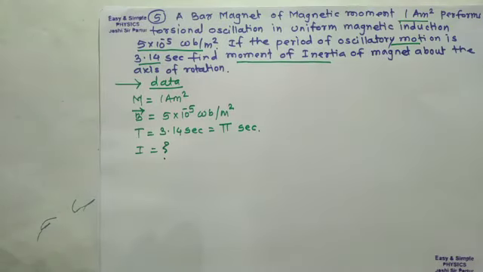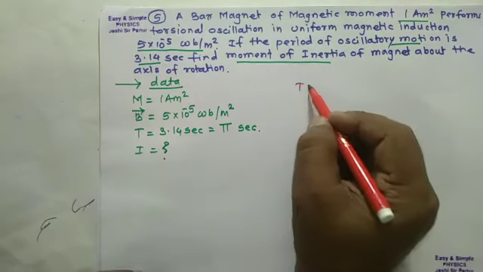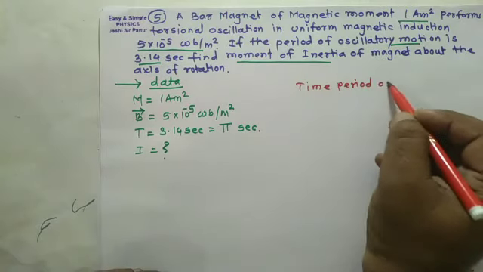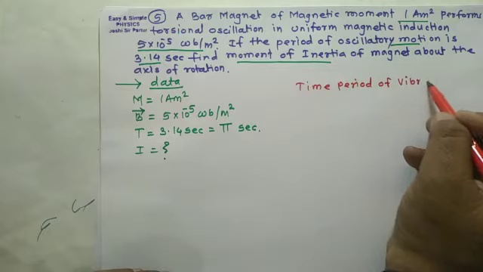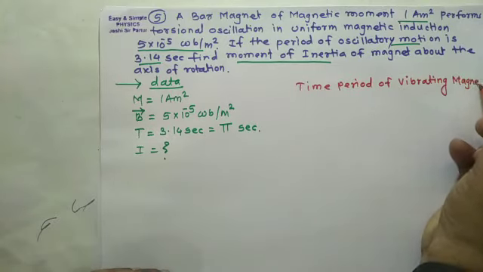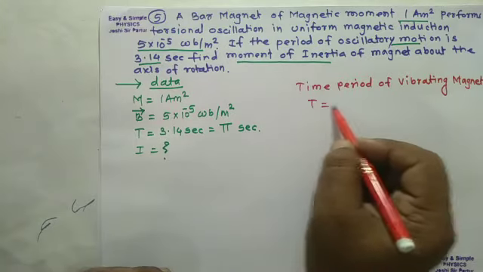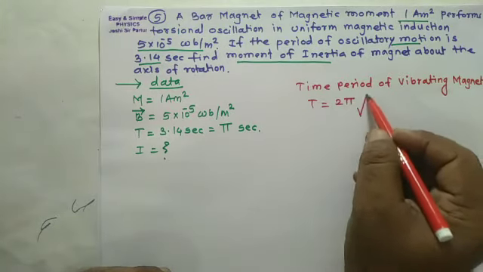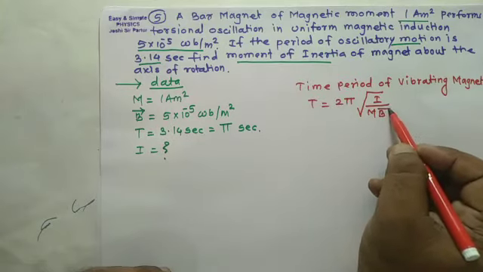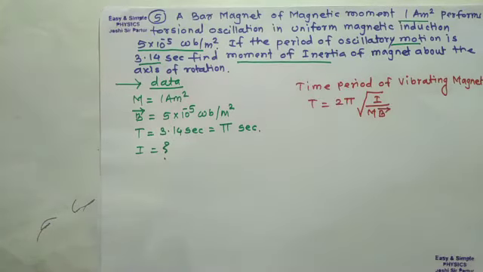So we use a formula, that is the time period of a vibrating magnet. The formula will be T equal to 2 pi square root of I divided by m vector B. If we substitute the value of time period, what happens?